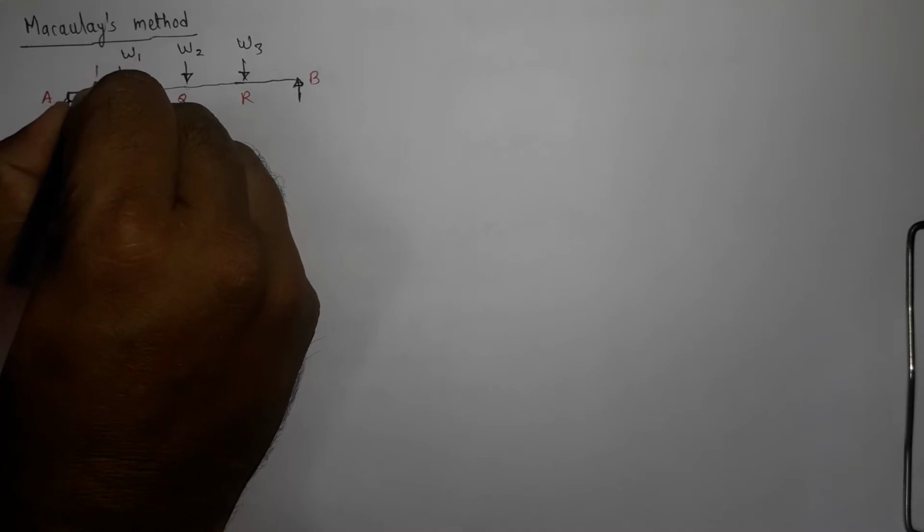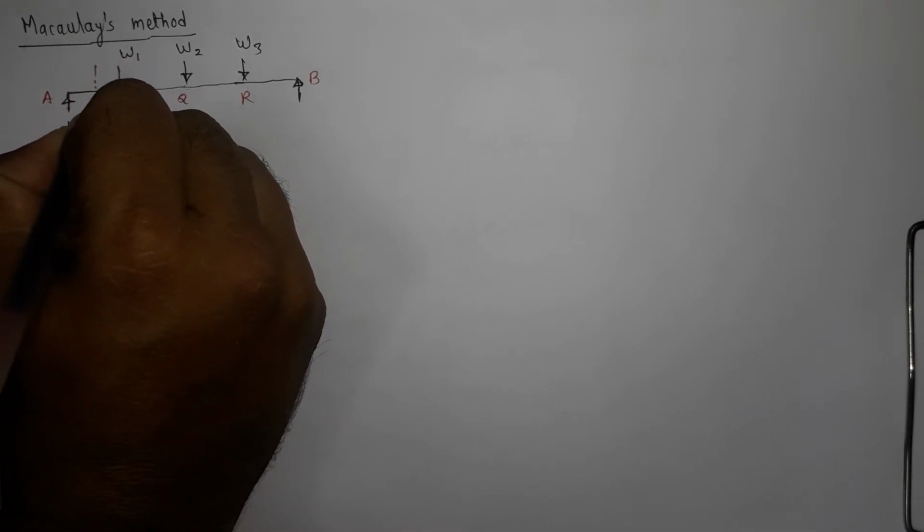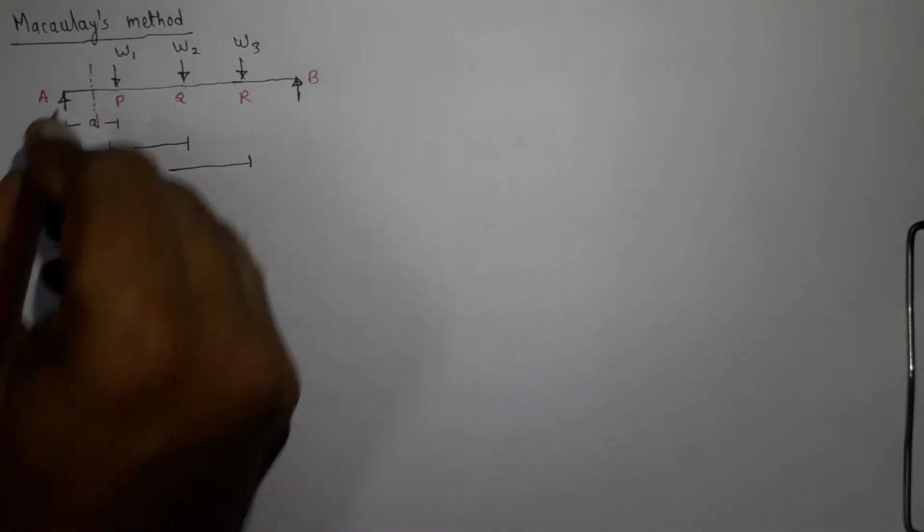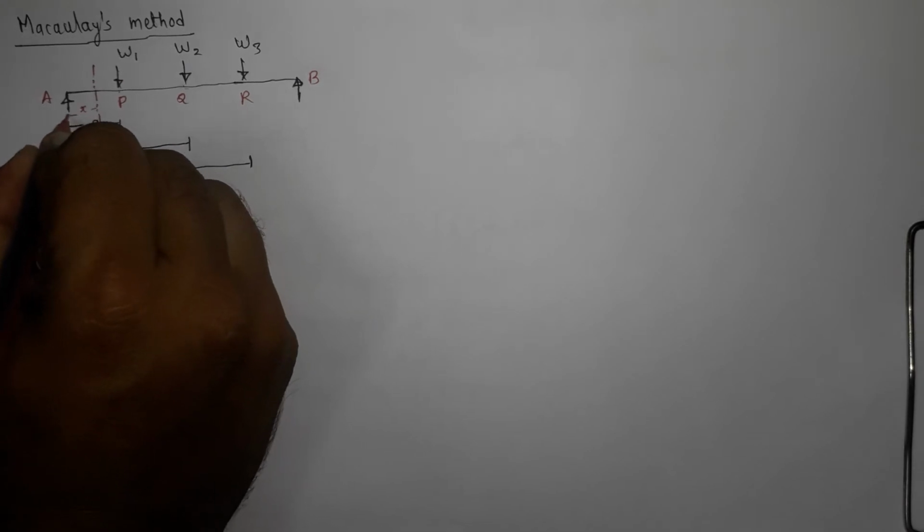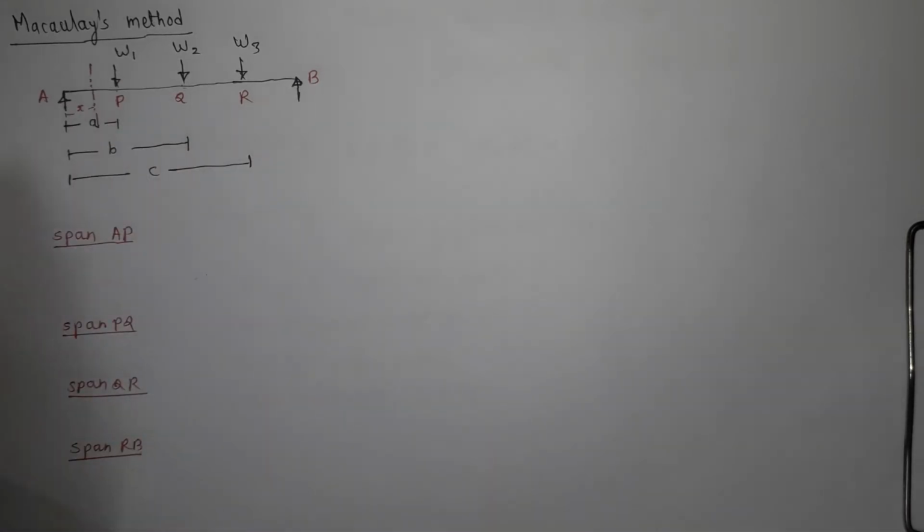Now for these subspans, one feature is there. If I take a section in the first subspan, that is AP, let this section be at a distance x from the left end. I am going to treat the left end as the reference point. So whenever I take this section, the distance of the section from the left end is going to be x.